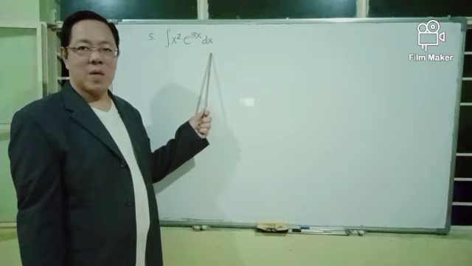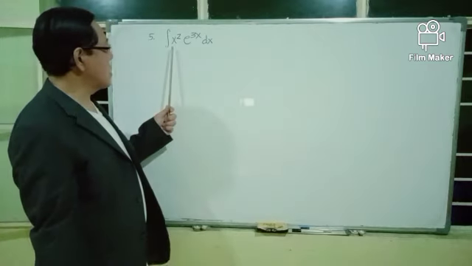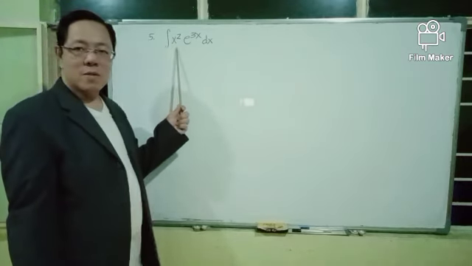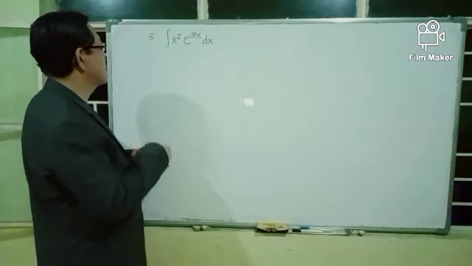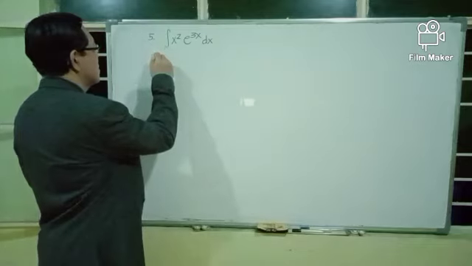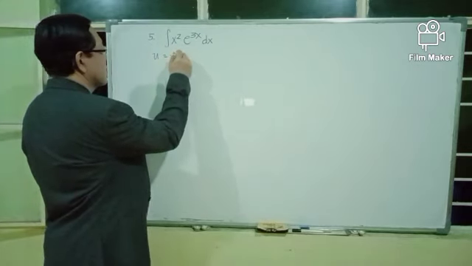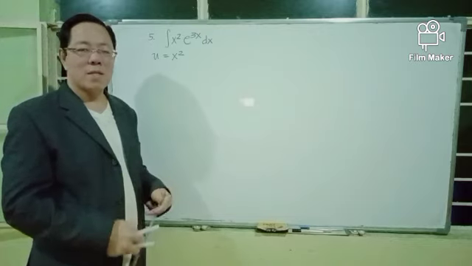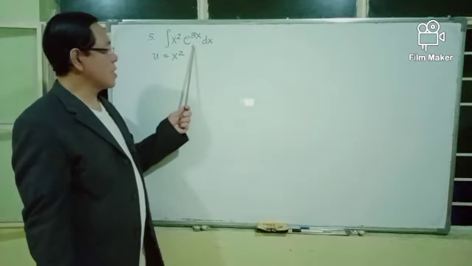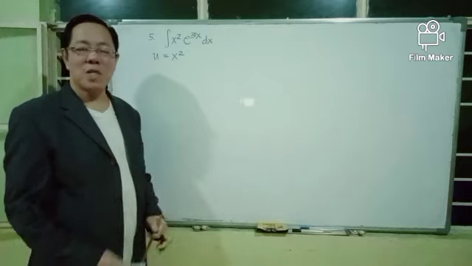We integrate this by parts and we choose the monomial x squared as our u. If our u is equal to x squared, then the expression e to the 3x dx will be our dv.